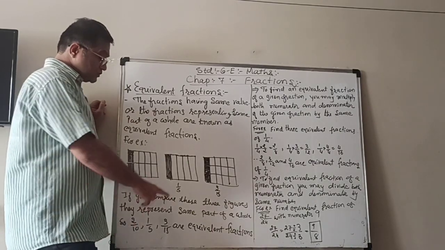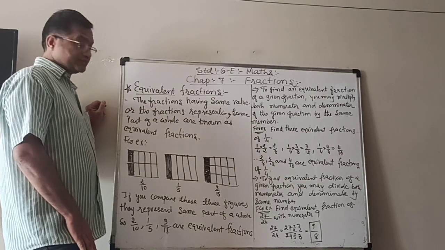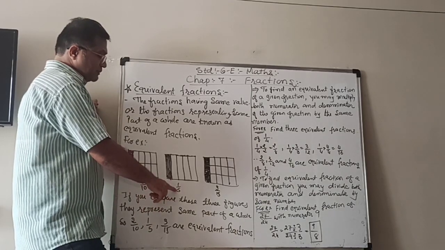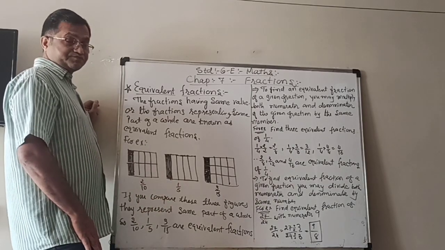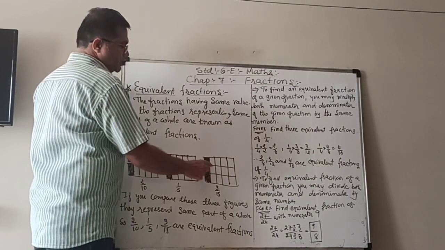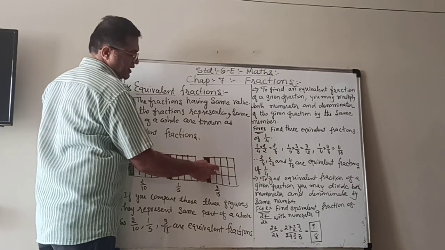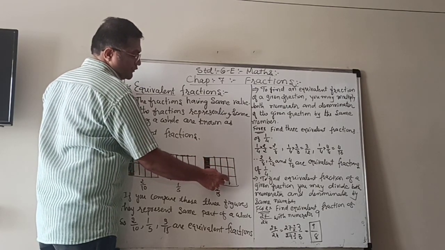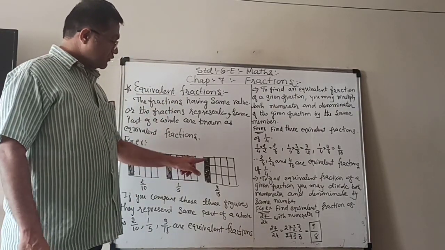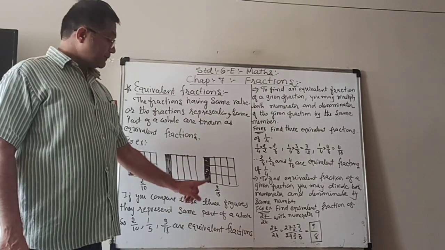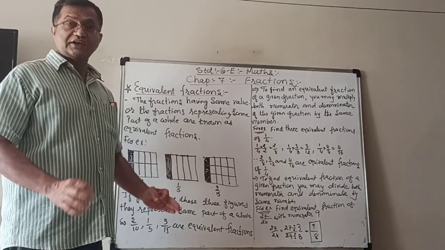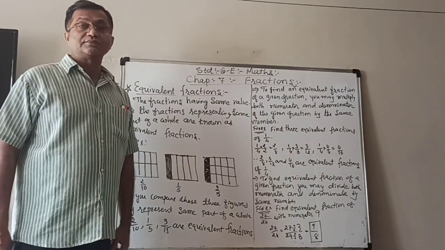Only 1. So 1 is written in the numerator. So the fraction representing the shaded part in this picture is 1 upon 5. In the last one, the whole is divided into 15 equal parts, out of which 3 parts are shaded. So the number representing this shaded portion is 3 upon 15.